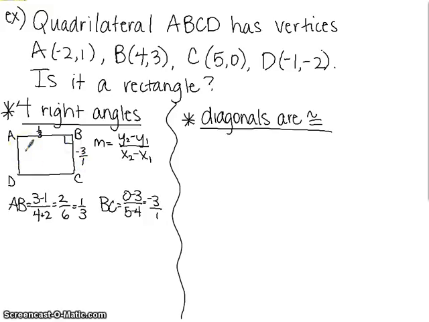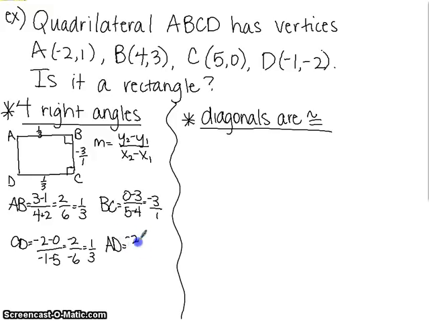Let's compare that slope to the one for CD. Negative 2 minus 0 over negative 1 minus 5. So that's negative 2 over negative 6, or positive 1/3. Alrighty, so we know that's true. Let's just double check the slope for AD.